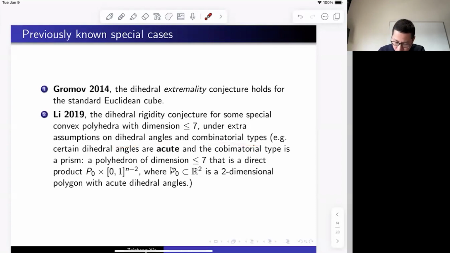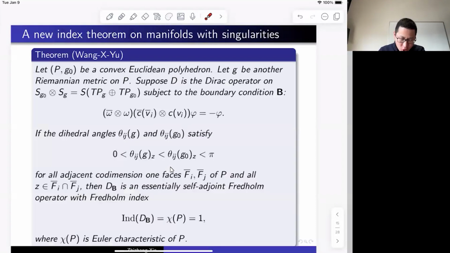Now let's get to the main part of this talk: how Gromov's angle shrinking problem, or more precisely, the corresponding angle enlarging problem, enters into our proof of the conjecture.